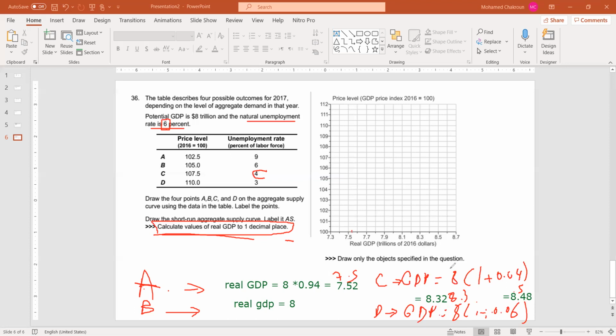So we found 7.5 plus 102.5. So this is point A. Point B, 8, plus 105. So it will be here.